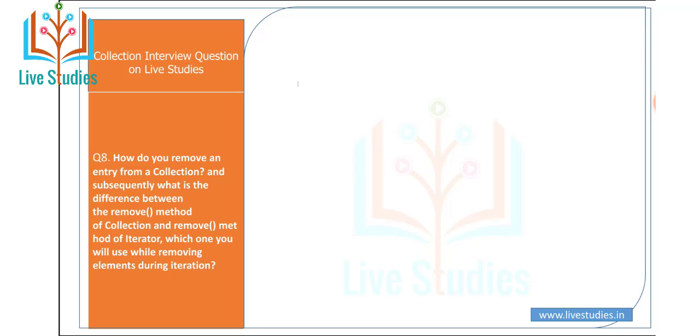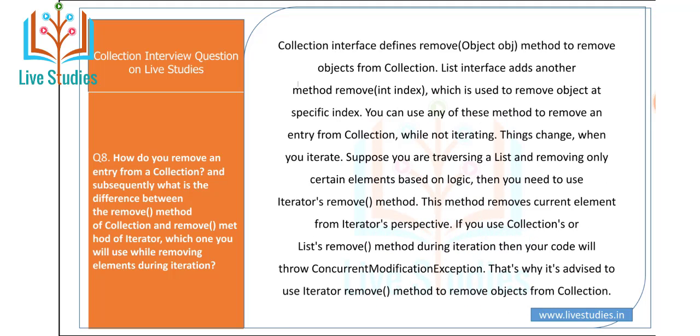Means the collection interface defines a remove method to remove an object from a collection. The list interface adds another method, remove(index), which is used to remove an element at a specific index.